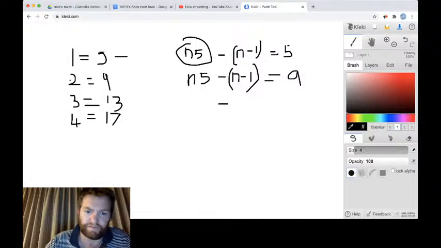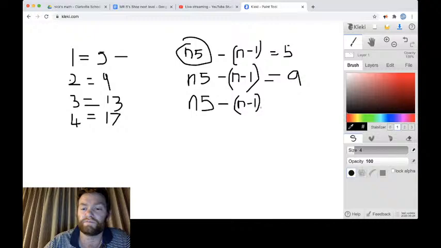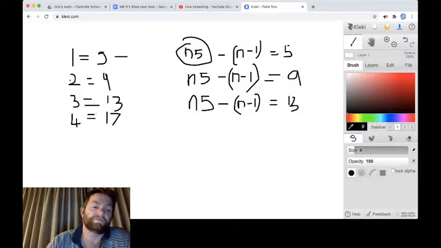For number 3, 3 times 5 is 15, minus number 3, take away 1, which is 2. So 15 minus 2 is 13. And this equation can help you solve it, so if we're at the 10th step, and you could draw it out, but if n equaled 10, 10 times 5 is 50.